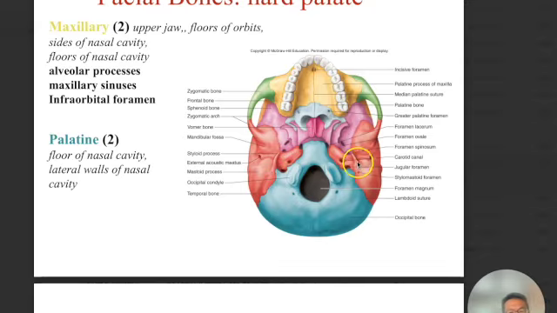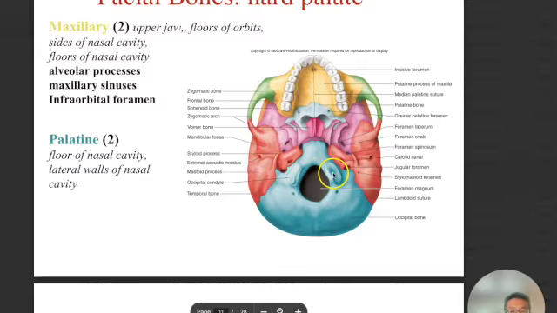This is the styloid process. You guys remember the styloid process? And the mastoid process, that big triangular thing under your ear.